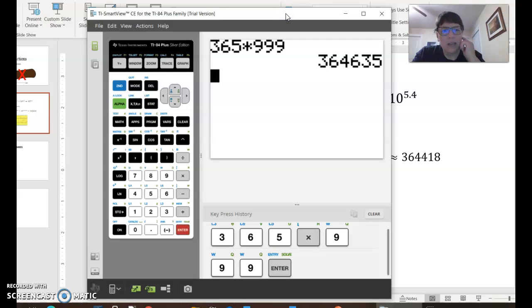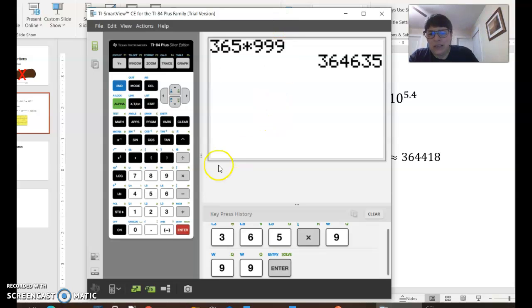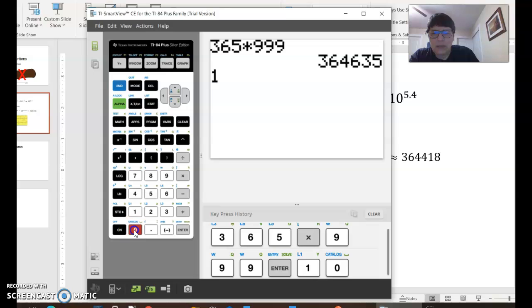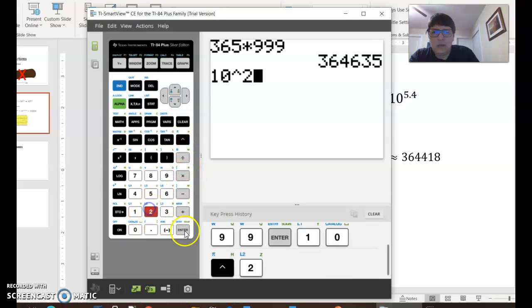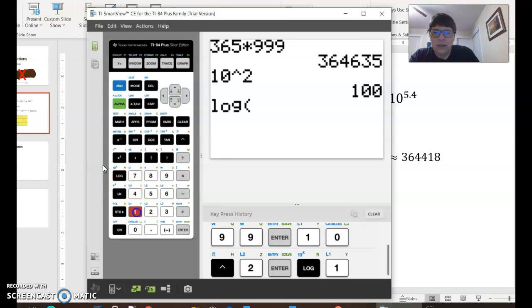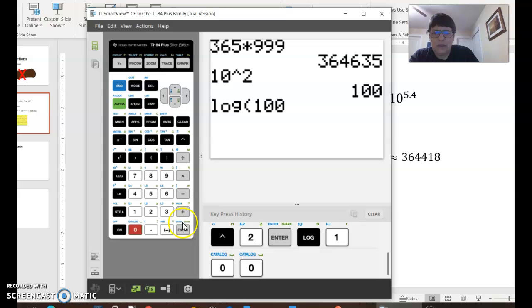Well, I used a log function, because a log function tells me what the exponent is. Just like 10 squared is 100. Well, the log of 100 is 2, because log is interested in base 10. 10 raised to the 2nd power is 100.